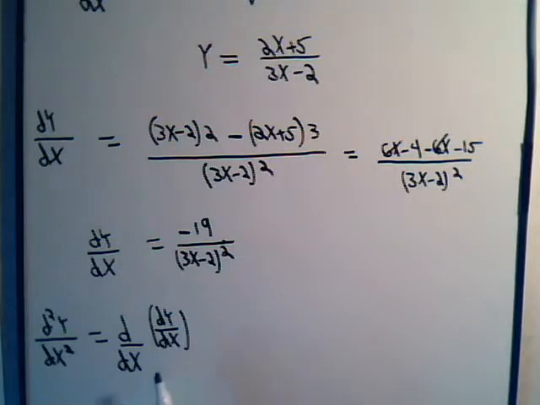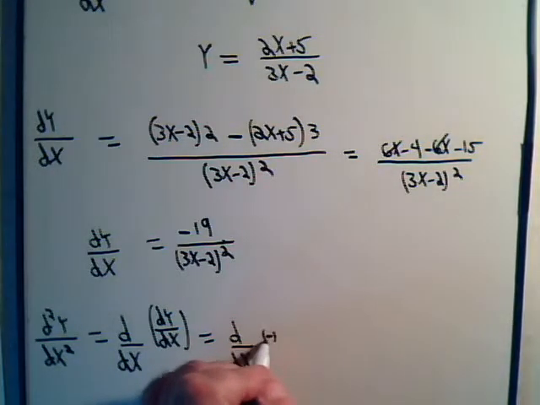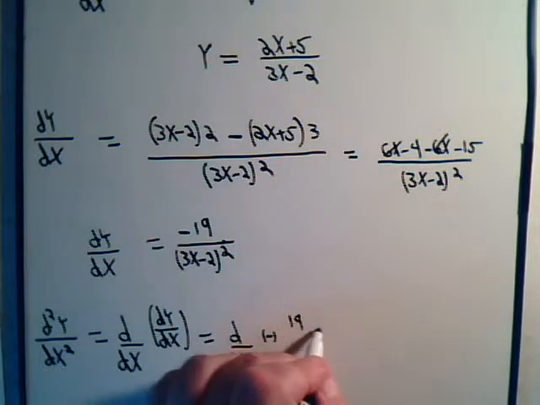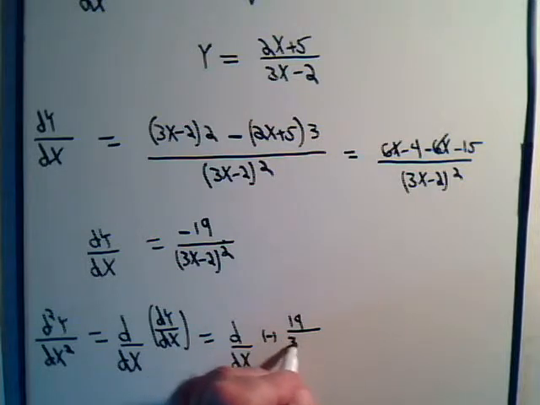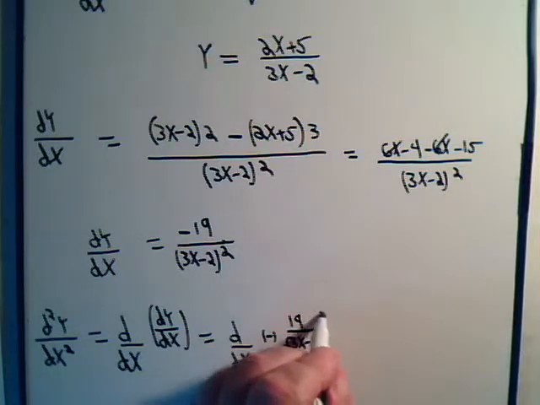We're taking the derivative of the derivative. That gives us the second derivative. In this case, that would be equal to d dx of minus 19 divided by 3x minus 2 squared.